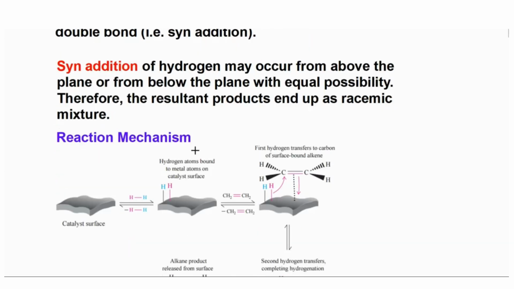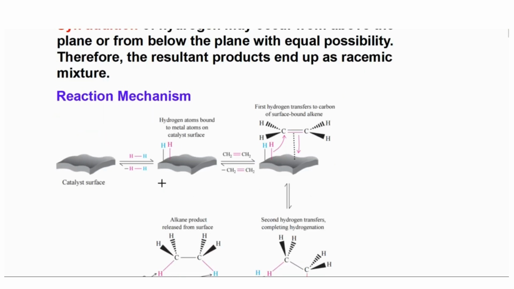Now, let us see how the reaction mechanism takes place. This is the catalyst surface, like palladium, a solid surface. You see, this hydrogen is getting bound on the surface of this catalyst. Now this catalyst is reacting with the alkene.